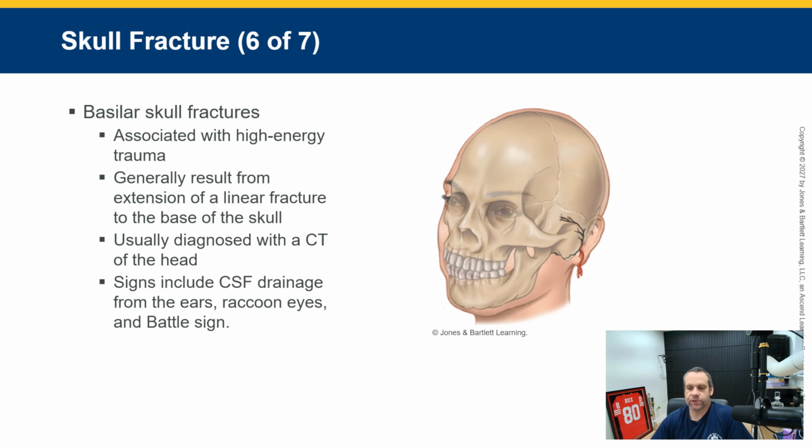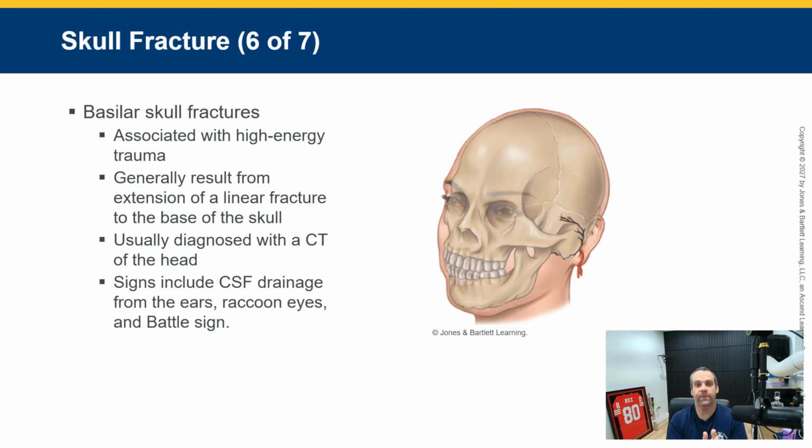Now, a basilar skull fracture. This involves the floor of the skull, or the base. It's associated with another high energy trauma, like a big fall or a car crash, and it often develops when there's a linear fracture that extends downwards towards the base of the skull. Because the fracture is pretty deep, it usually can't be seen or felt.